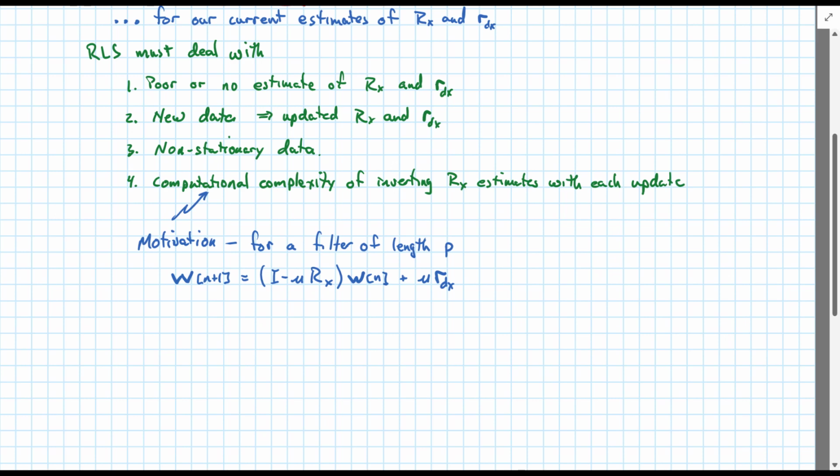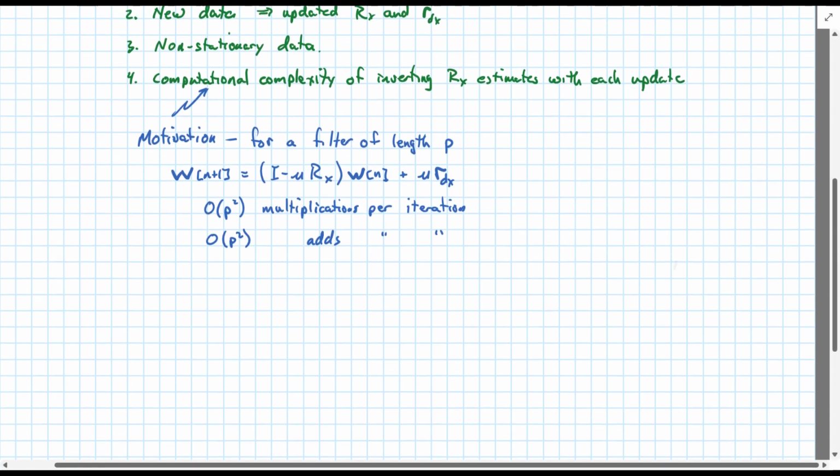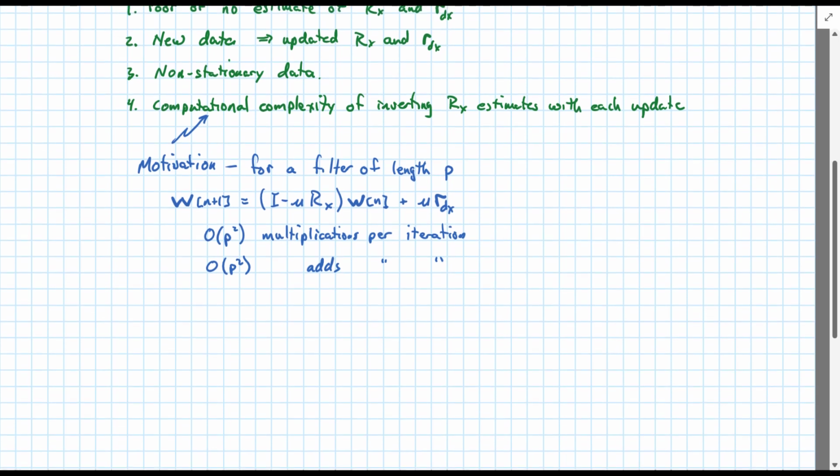So for gradient descent, we would have p² multiplications per iteration and on the order of p² adds per iteration.